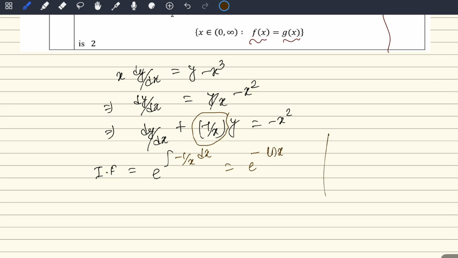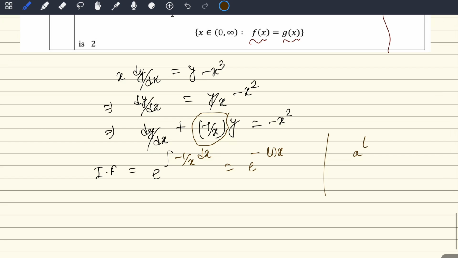We know the property a to the power log x base a is nothing but x. So this becomes e to the power ln 1 by x. Ln x means log x base e. So this is nothing but 1 by x.